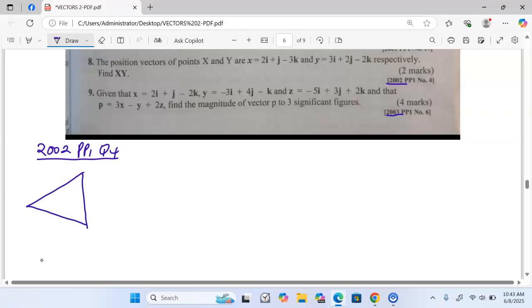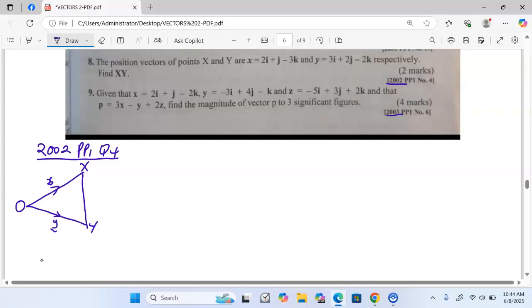When we talk about position vectors, it means x originates from the common point known as O. So we are going to have x such that OX becomes vector x small, and then we have y such that OY becomes vector y small.